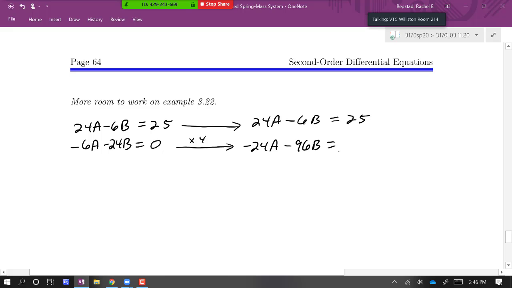I'm actually going to check my arithmetic because I don't want to have to go back and do that. Yeah, 96. Okay. Now we'll add these together. Those a's will cancel, so we get minus 102b equals 25, which gives us b equals negative 25 over 102.